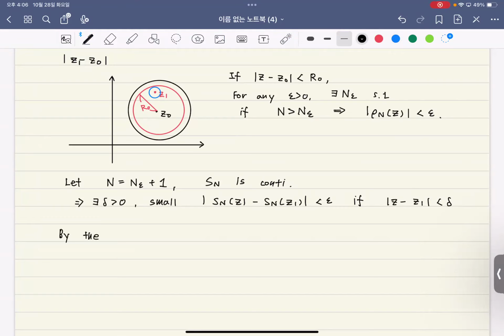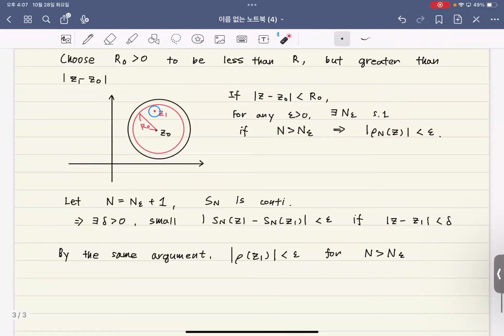And by the same argument, this one is also less than epsilon. So okay, let me combine all these three inequalities here. This is less than epsilon, and this is also less than epsilon, and this is also less than epsilon.